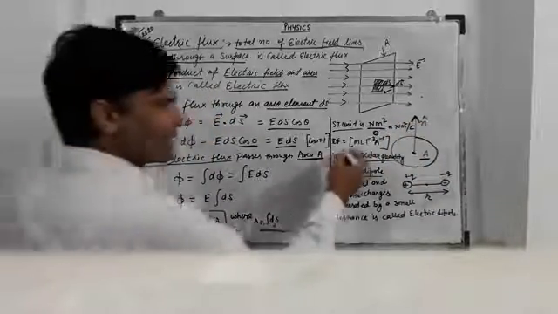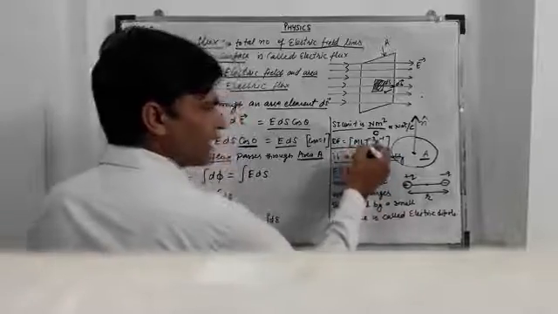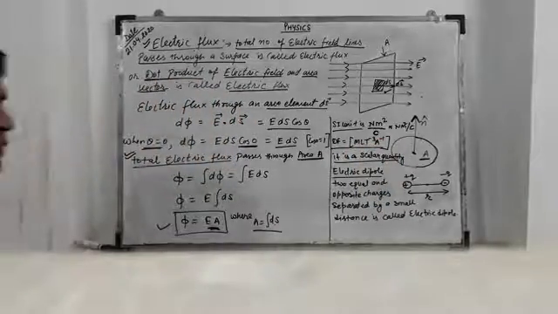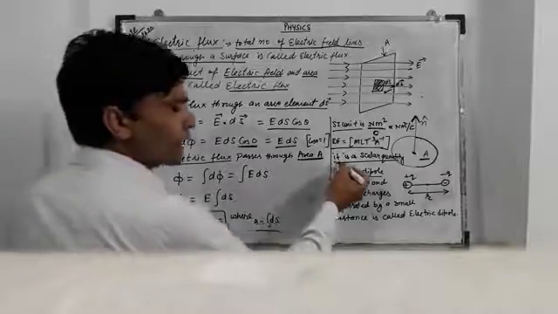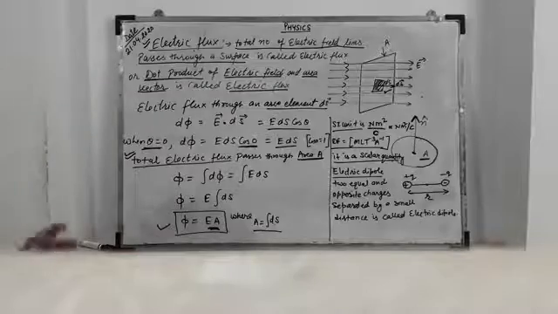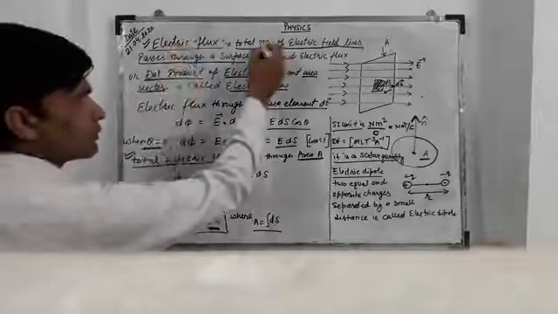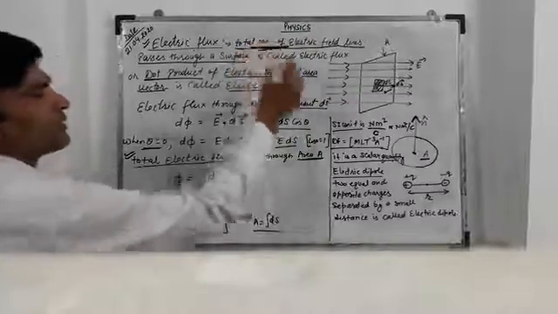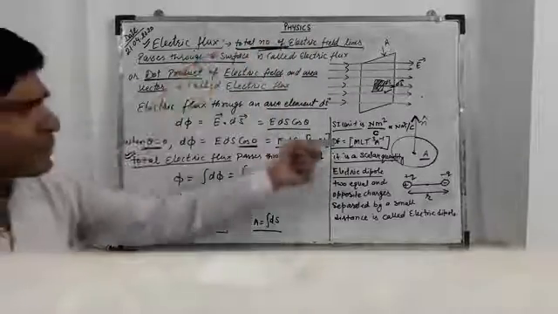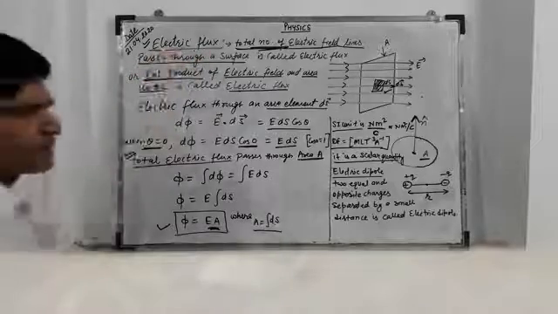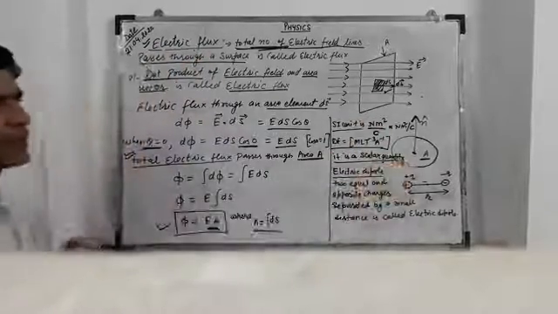The dimensional formula is M L^3 T^-3 A^-1. It is a scalar quantity. Why is it a scalar quantity? Because in the definition you can see that it is the total number, and a number is a scalar quantity. In this way, electric flux is a scalar quantity.